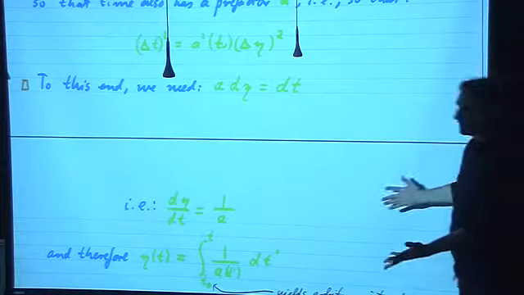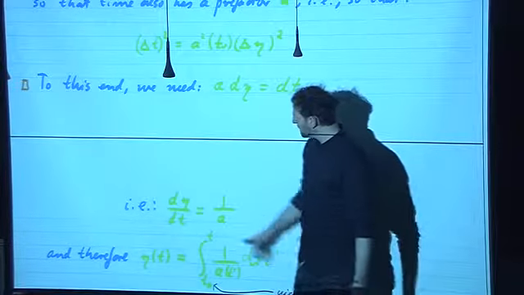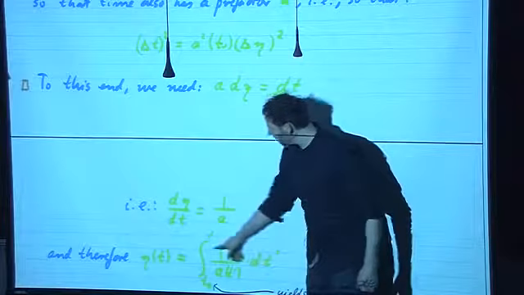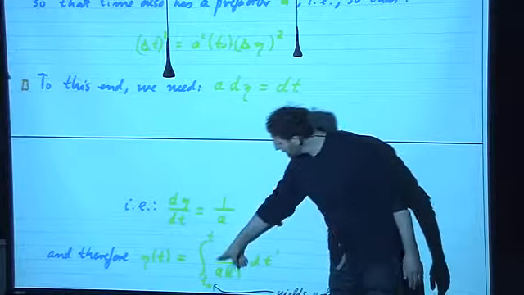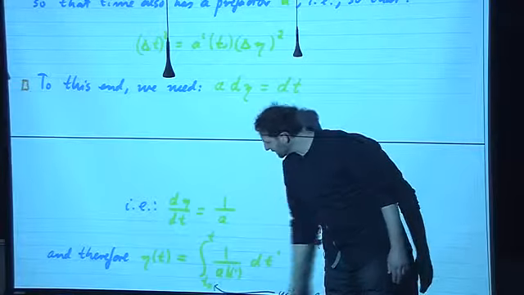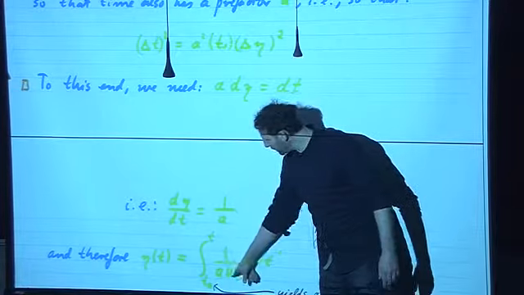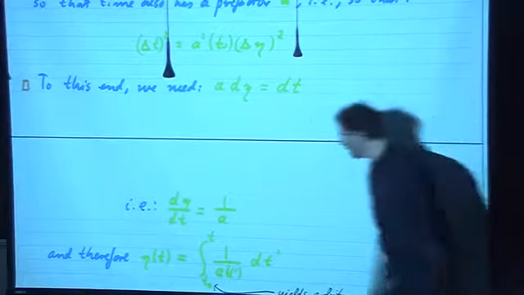We can integrate that. So we integrate both sides with respect to t, and then we get eta of t, that's just the antiderivative of this, right? And on the right-hand side, we have to integrate from some starting time to t of 1 over a of t prime dt prime, where the starting time doesn't really matter.